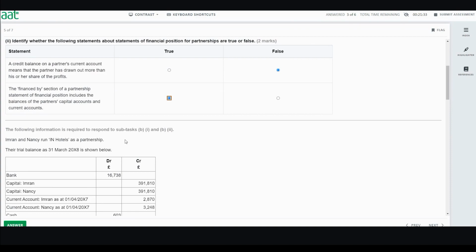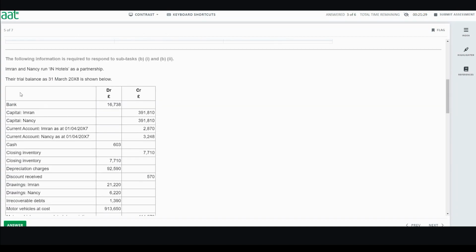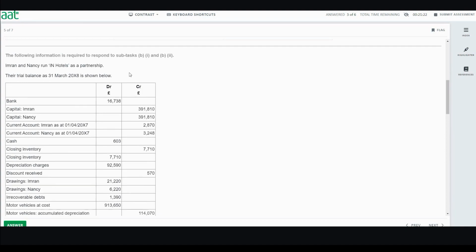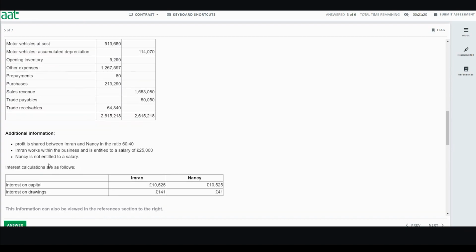Okay, next task then. It says complete the following statements. So we are looking at a trial balance. Imran and Nancy run hotels as a partnership. Profit is shared between them 60-40. Imran works within the business and is entitled to a salary of 25,000.